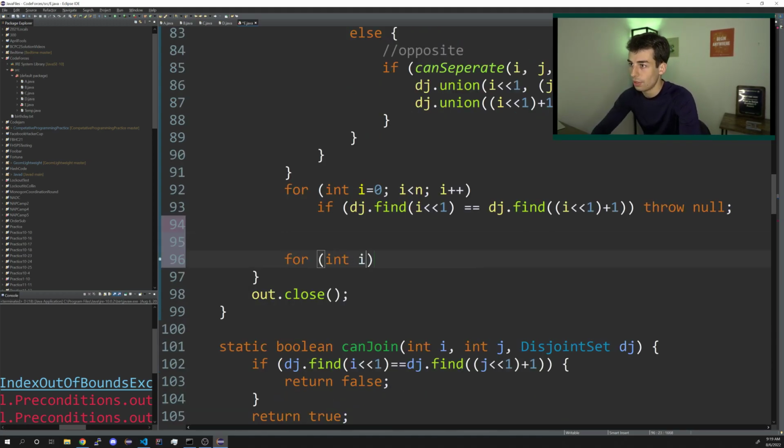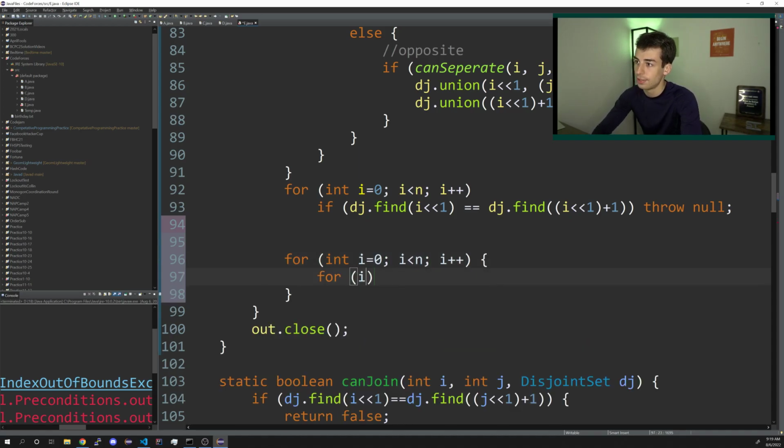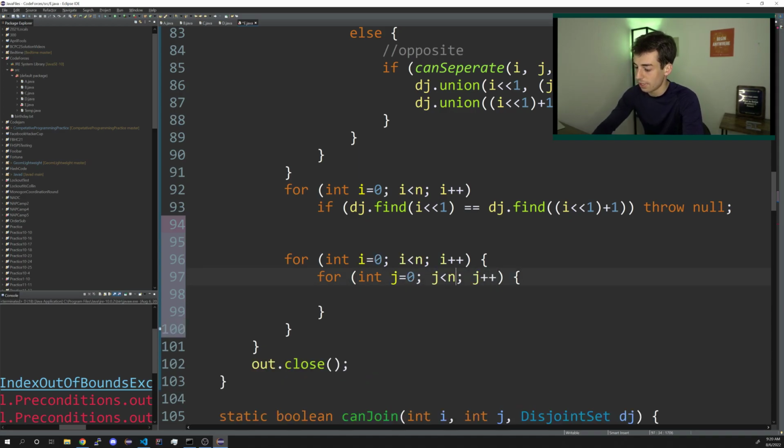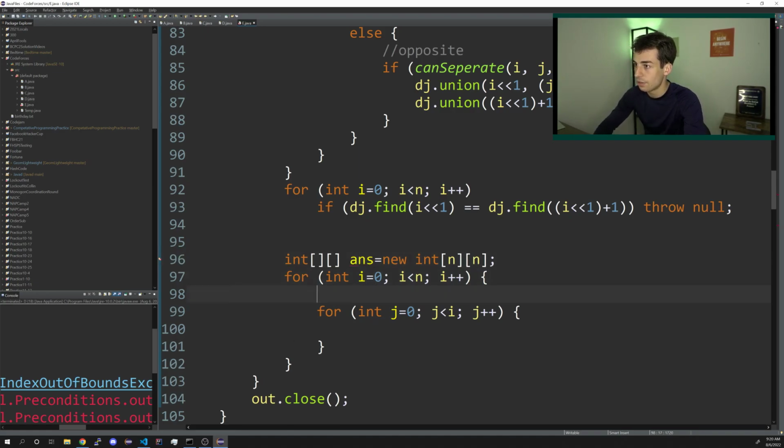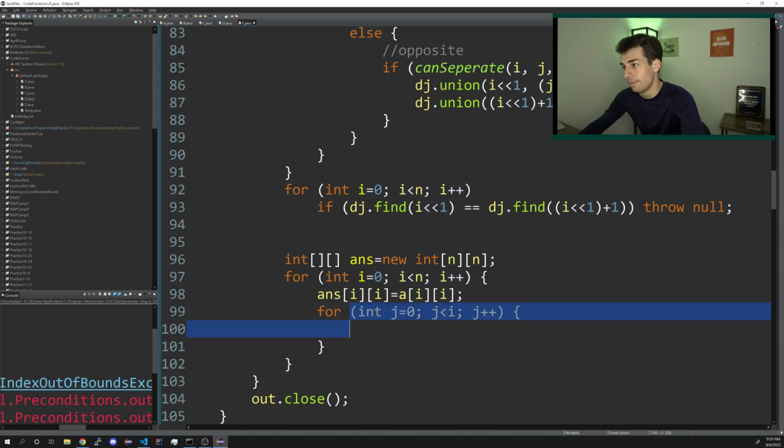Okay, so then for i equals 0 less than n, j equals 0, j less than n, j plus plus. Okay. So let's say ans. So ans at i equals a at i.